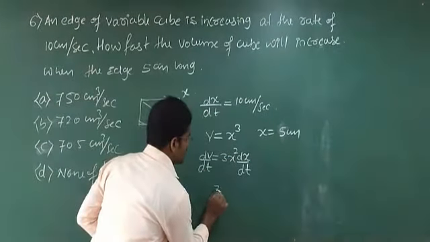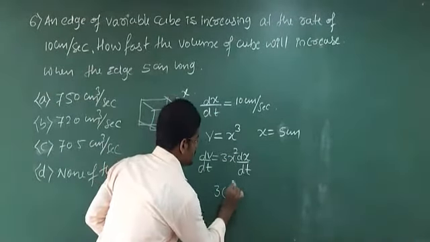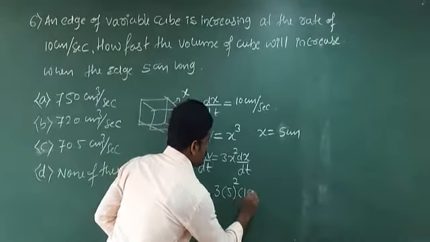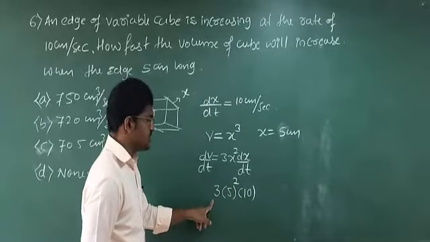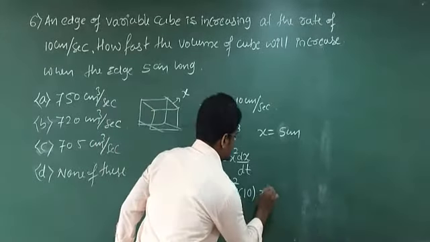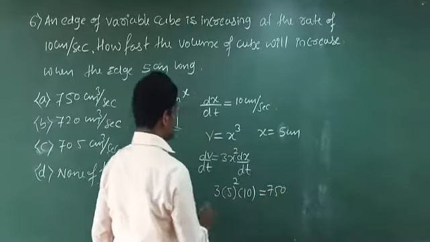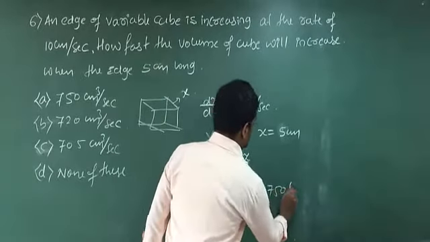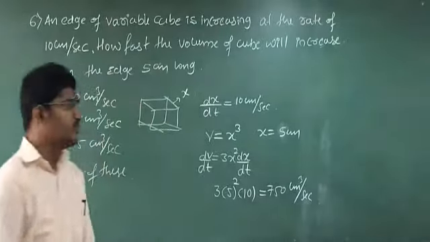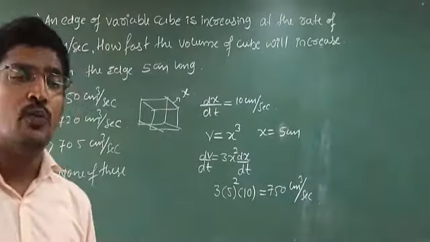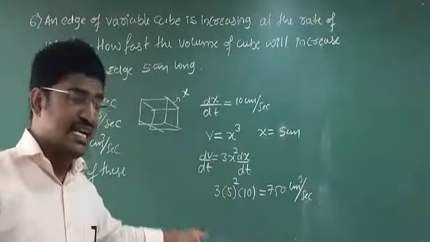So it will be 5 square into 10. Clear? So 5 square is 25 into 3, 75. 75 into 10, it will be 750 centimeter cube per second.